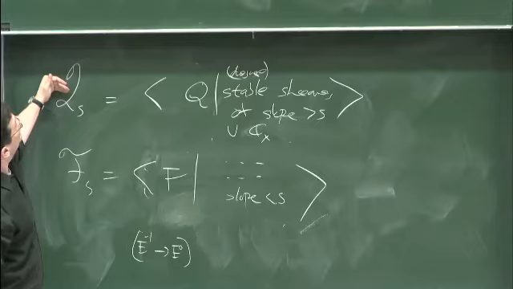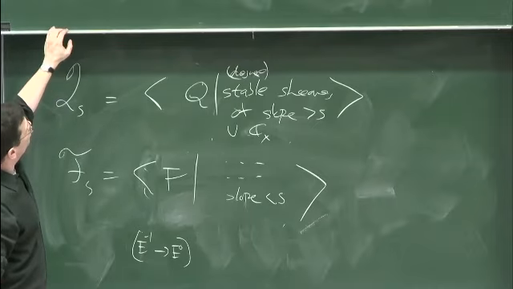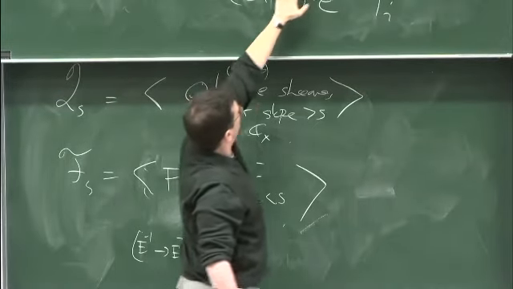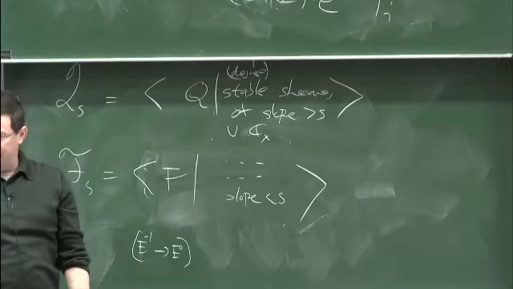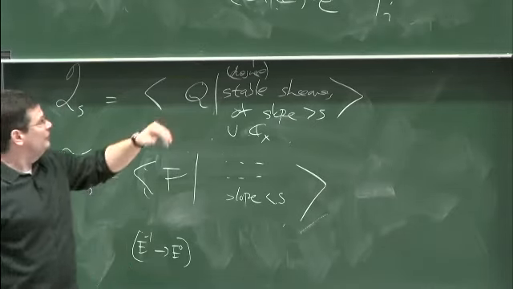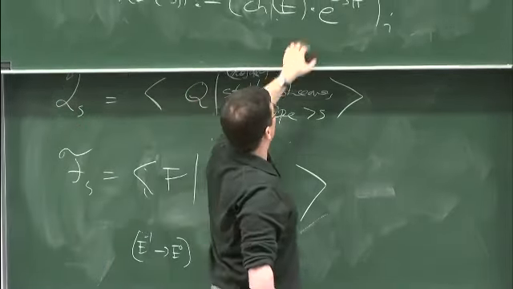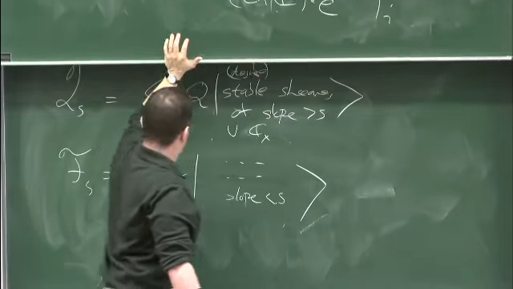And see what we've done by putting Q on the right. Objects of Q all have positive twisted first Chern class. That was exactly built so that stable objects of slope bigger than s would have positive first Chern class.